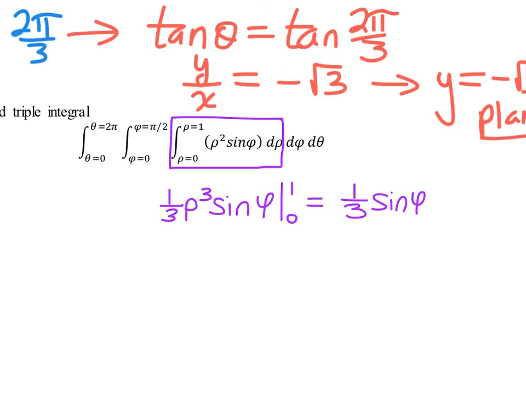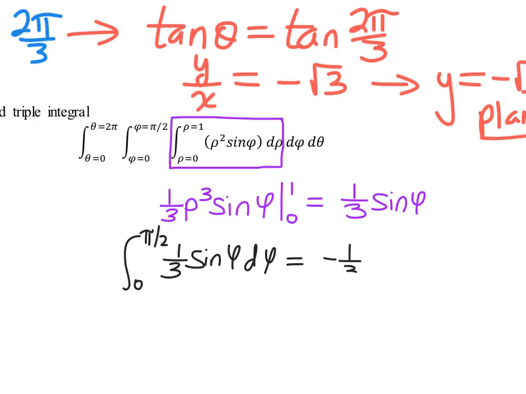The next stage is integrating that over the interval of 0 to pi over 2. So in that case, we're looking at negative 1/3 cosine phi over the interval of 0 to pi over 2.